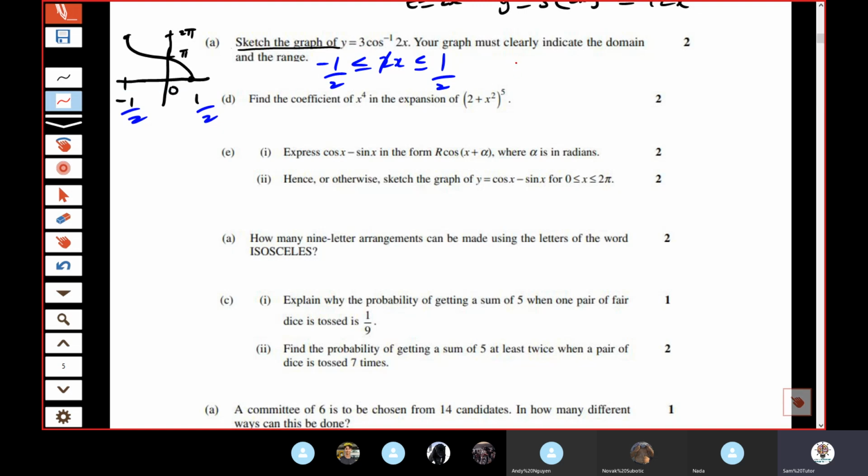That's what we kept saying. 0 less than or equal to y on 3 less than or equal to 2 pi, times 3 is 6. And there it is. That's halfway, and you're done. Easy? Anyone have any questions? Easy 2 marks.